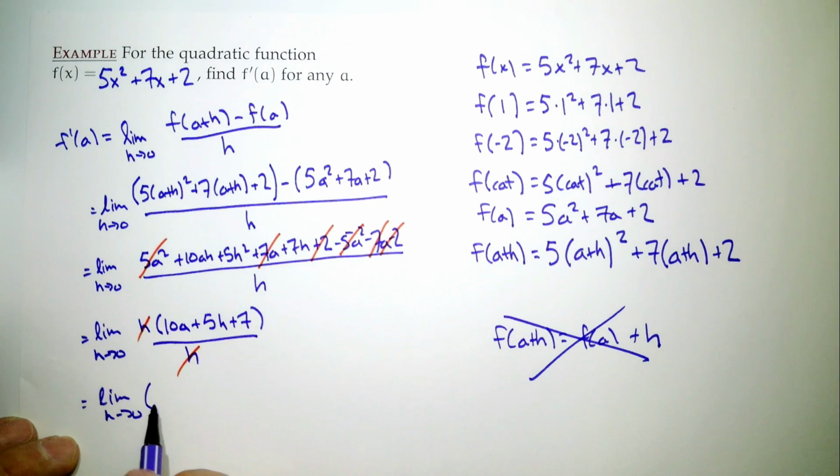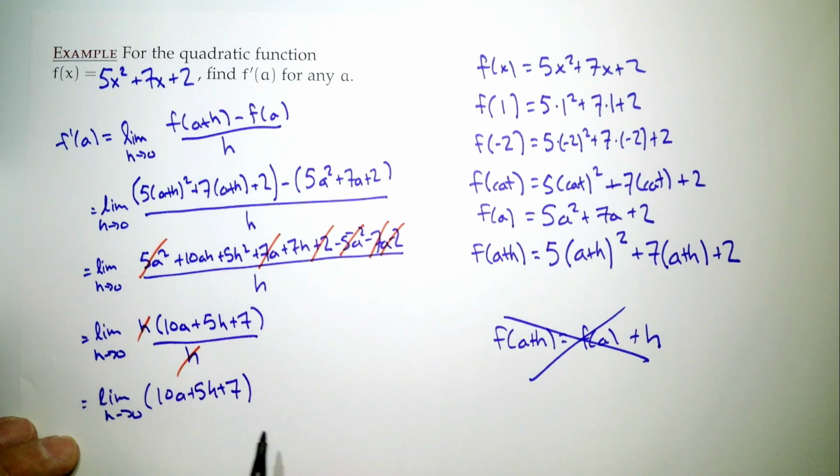So how do we finish by taking this limit? What do we do? Yeah, we can just plug in. Now, what do we plug in for? We plug in h, because there are two things, there's a and there's h, so you have to think about which one you use.